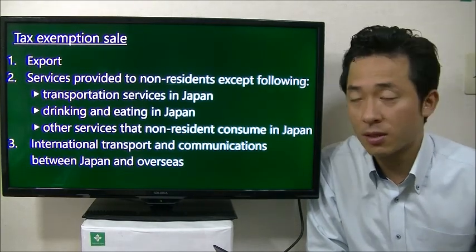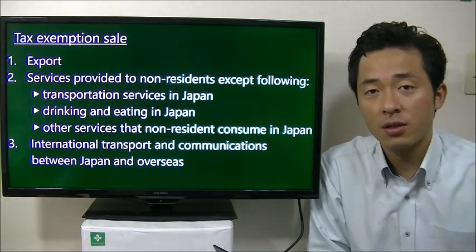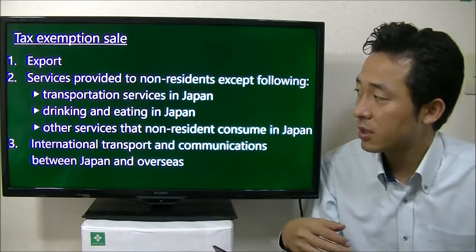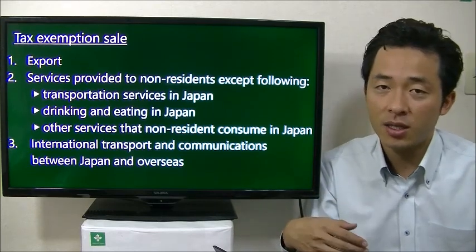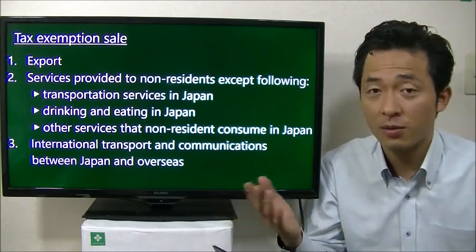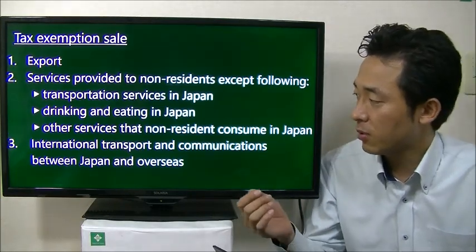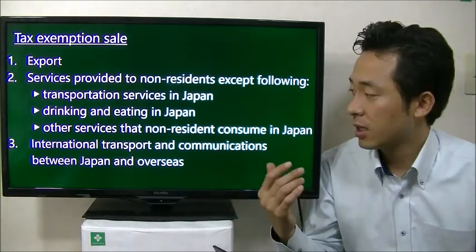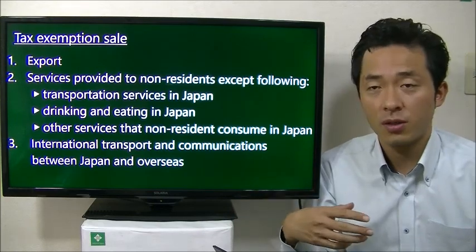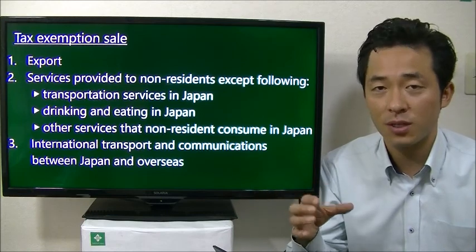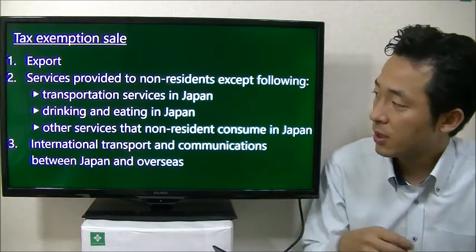Those are taxable sales. So transportation, like a foreigner coming to Japan and taking a train, that's taxable. And drinking and eating in Japan is, of course, taxable, whether it's Japanese people or foreigners. And also other services that are consumed in Japan. So it's a consumption tax. If it's consumed in Japan, that's taxable.